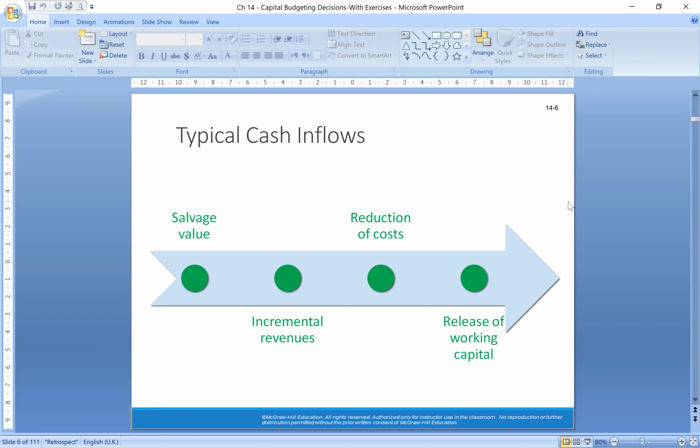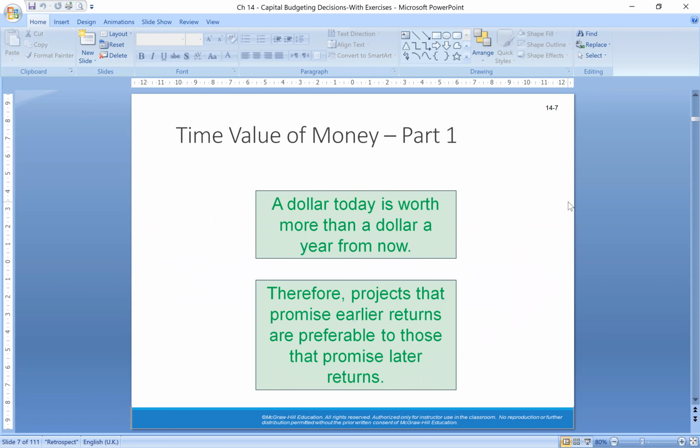What is the meaning of the time value of money? That's why we need it in chapter 14. $1 today is worth more than $1 a year from now. The $100 today is not equal to the $100 from 5 years back. That's why we need to discuss the present value of the money or the present value of the project.